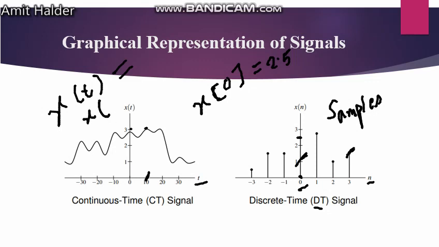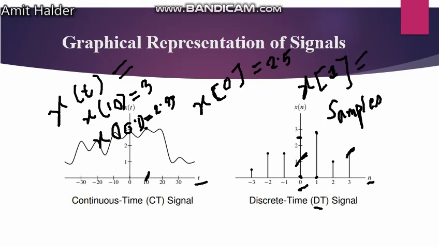It is x(10), it means the 10 second or 10 minute, whatever it may be. That's 3. If it is 10.1, that gradually goes down, that means 2.99. But here there are different samples, so you have to write x[1]. That means there is a discrete signal. Discrete signal has a certain value.